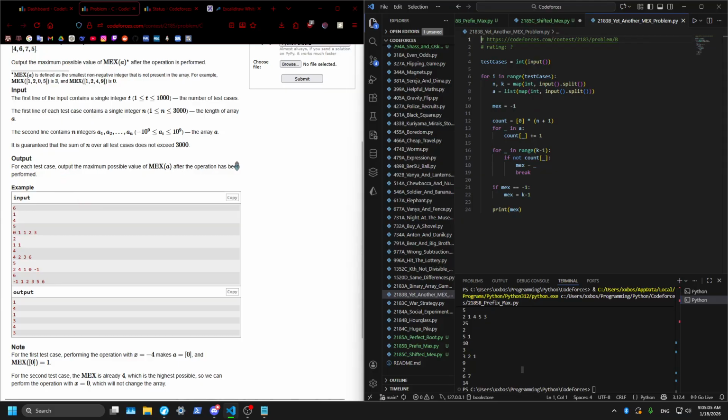Maximum possible mex. So we can use a set because duplicates don't really matter. I don't think I'll follow this way exactly.